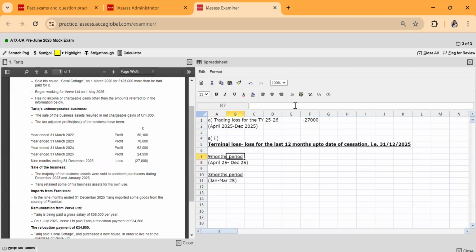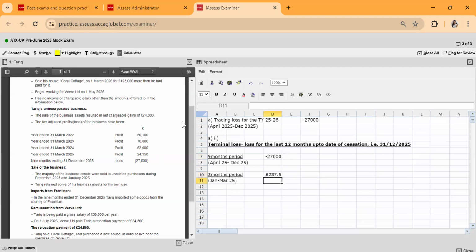Now let's do the calculations. Here 27,000 is clearly given to you. For January to March, I have this detail given to me: the year ended 31st March 25 is 24,950 profit. That is for 12 months. Then what is it for 3 months? 24,950 multiplied by 3 by 12.